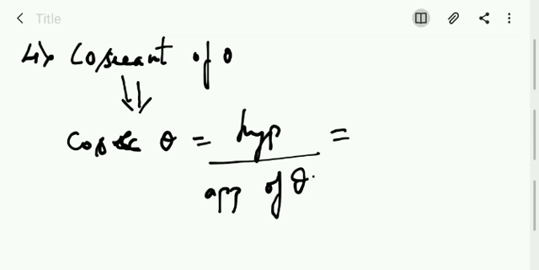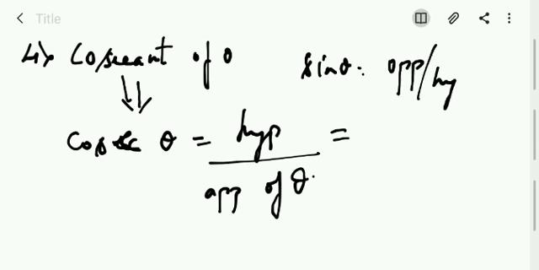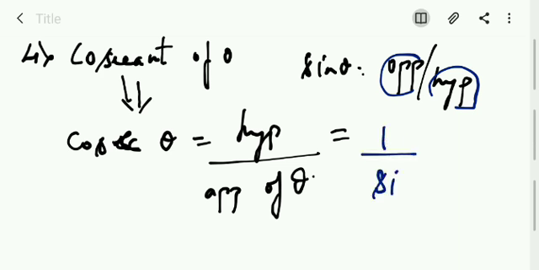Exactly. Now never forget these things. Look, sine theta is nothing but opposite by hypotenuse, but here what we have is hypotenuse by opposite, which is nothing but the ulta or the reverse of sine theta.